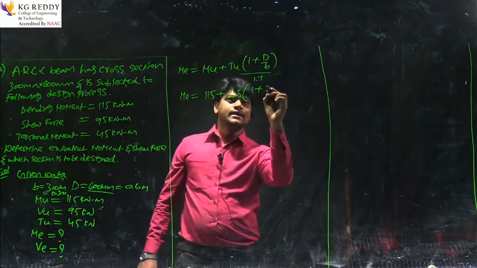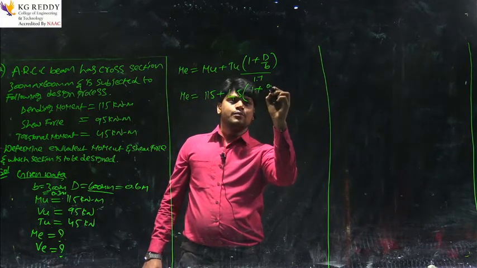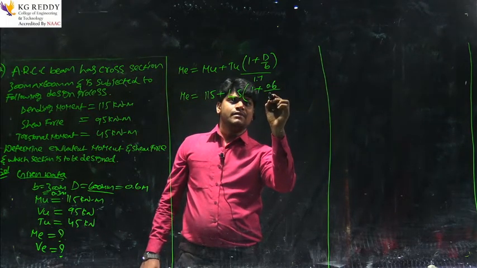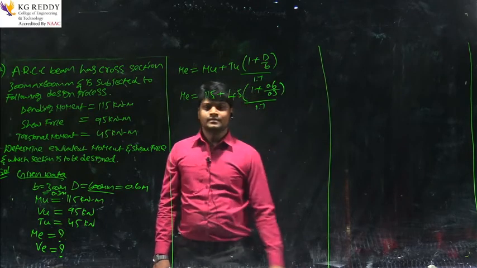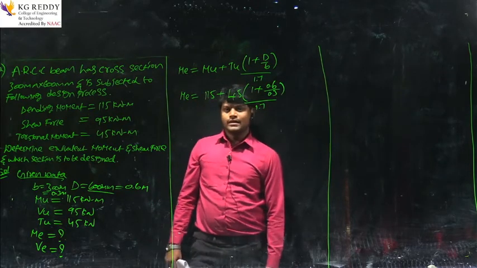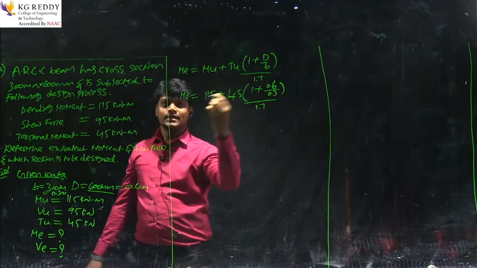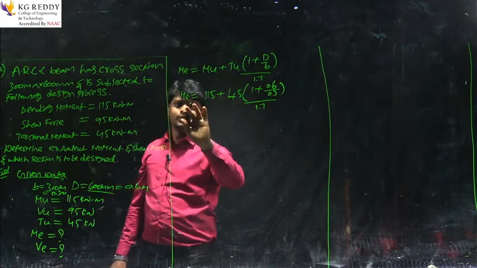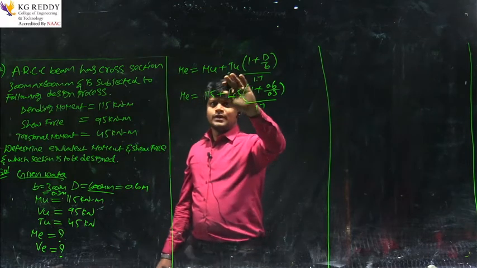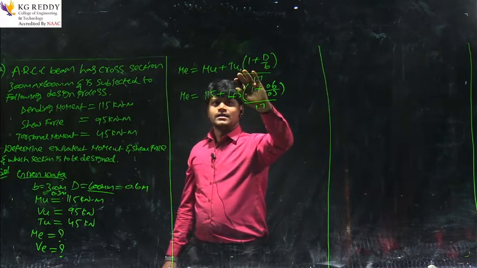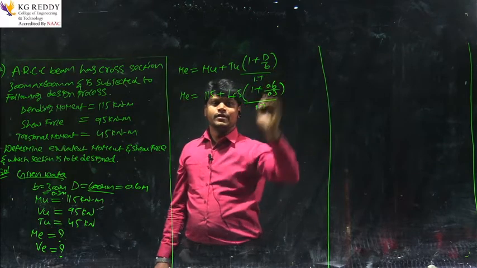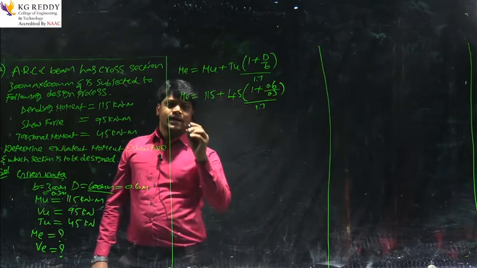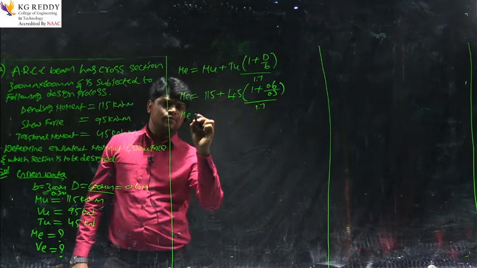So we take capital D value 0.6 and small b value 0.3, divided by 1.7. Are you clear now? If you have any doubts, I am just substituting: equivalent moment equals design moment plus design torsional moment into 1 plus overall depth divided by width, divided by 1.7. Now you can calculate and tell me the value. What is the equivalent moment?